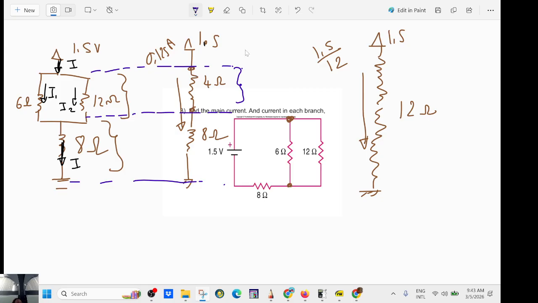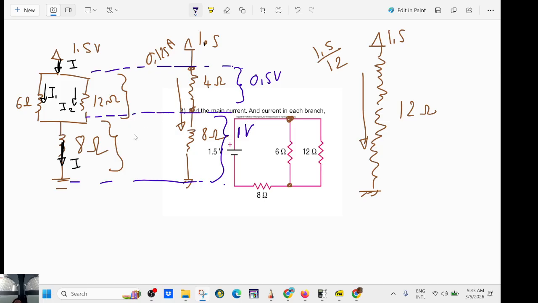Do you agree? Are you with me? So 0.5 volt, and that will be, obviously, left 1. Either you do 1.5 minus 0.5 or you do 8 times 0.125.